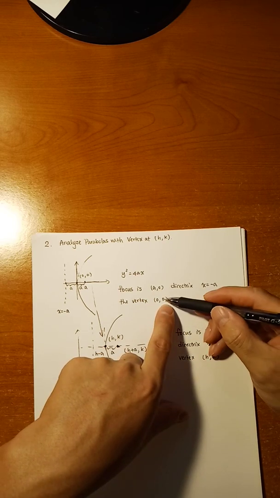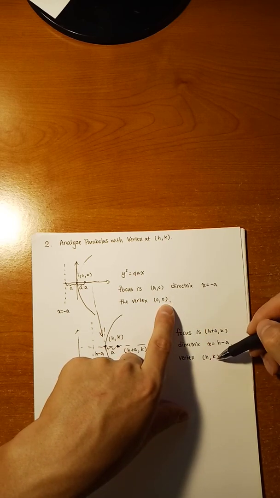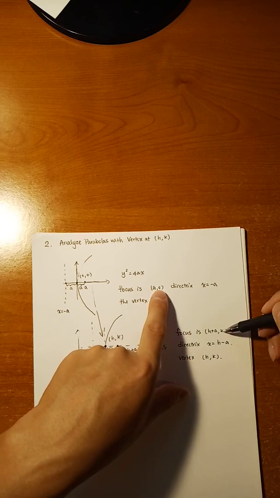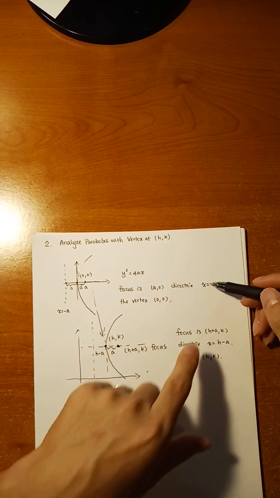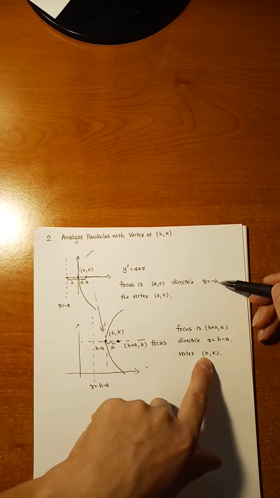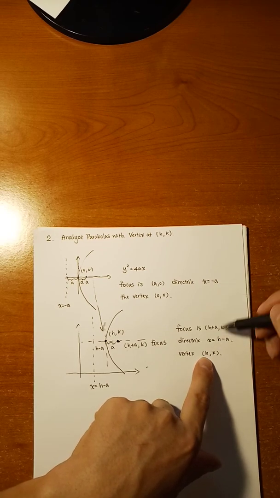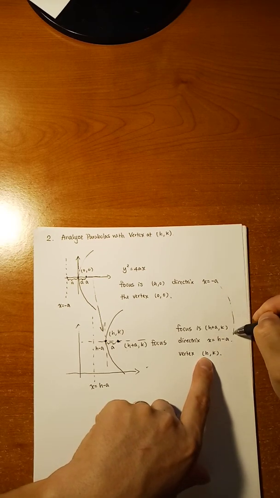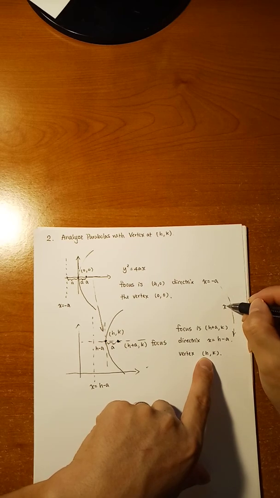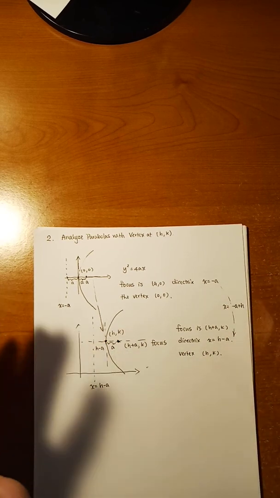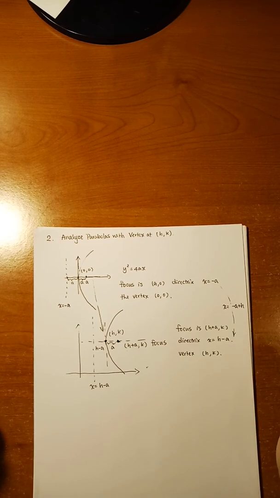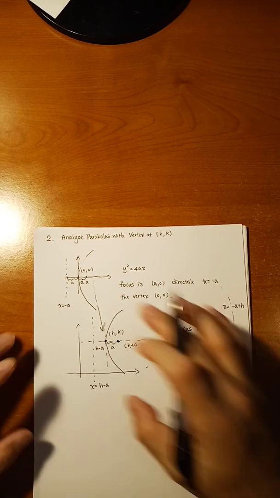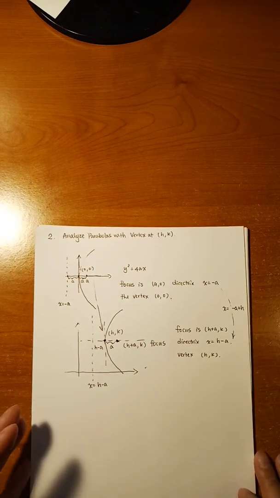The y coordinate changes from 0 to k, so 0 plus k is k. For the directrix, it only contains x, so you only add h to negative a, so it's negative a plus h. You always just add this h. Right? So that's this condition.